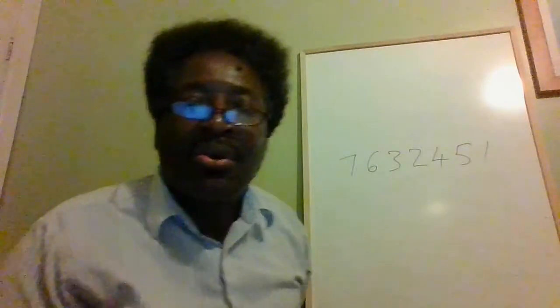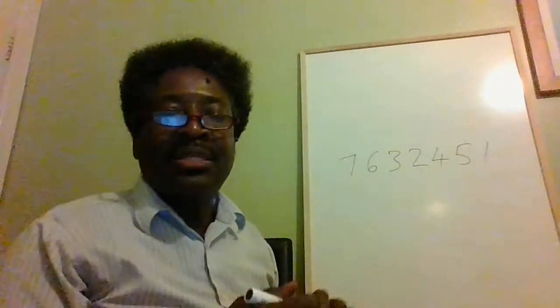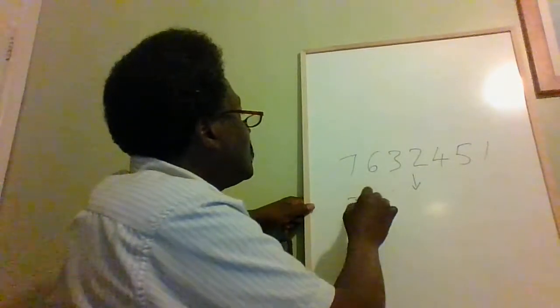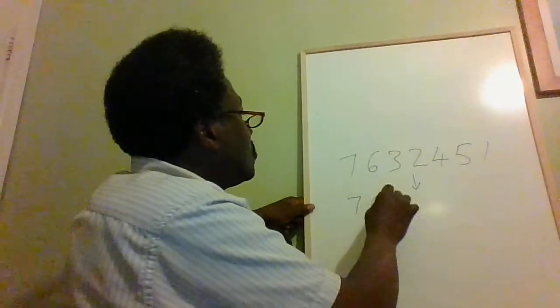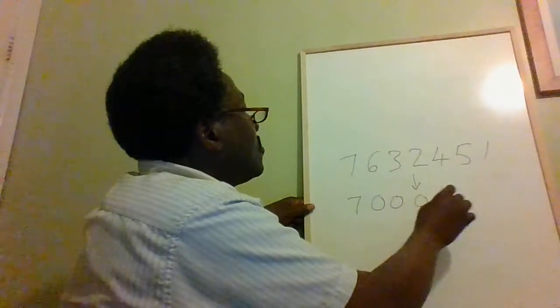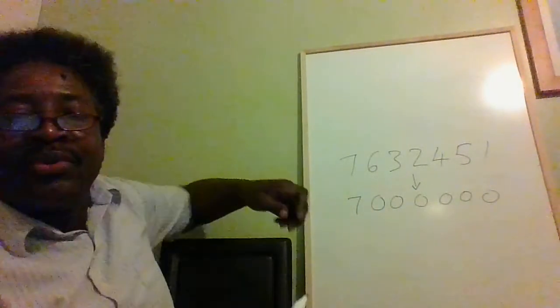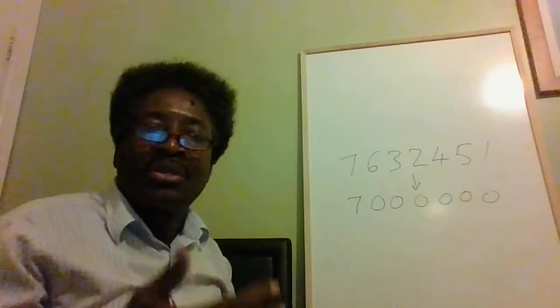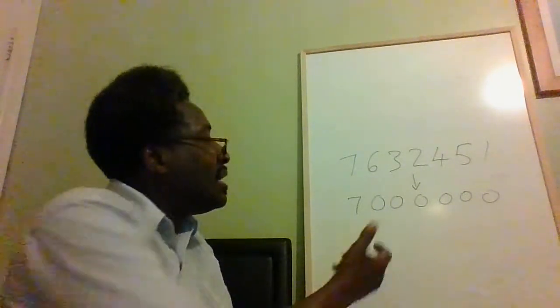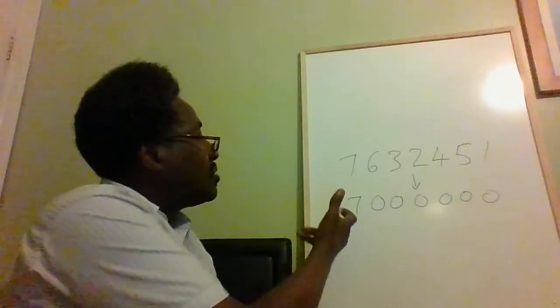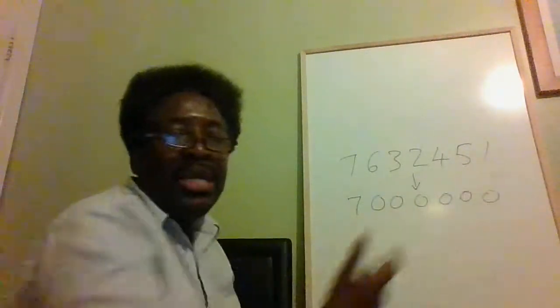With a 7-digit number, keep only the first digit and make the others 0. So 7, and make all these ones 0. You can now clearly see we've gone into the millions. Because remember, from the first set of lessons, 6 zeros represent millions. So this clearly is 7 million.